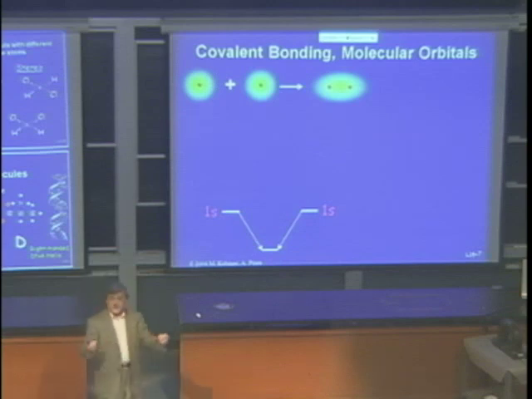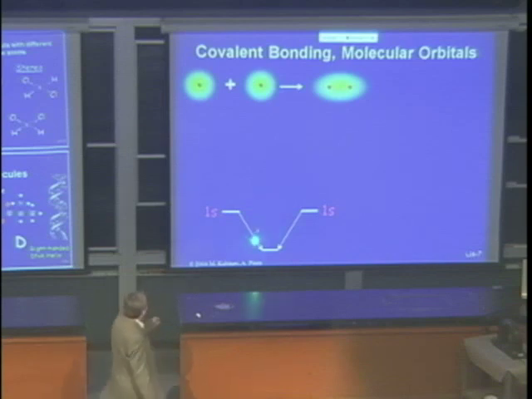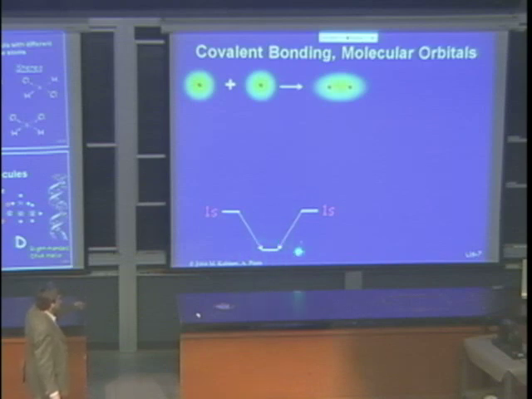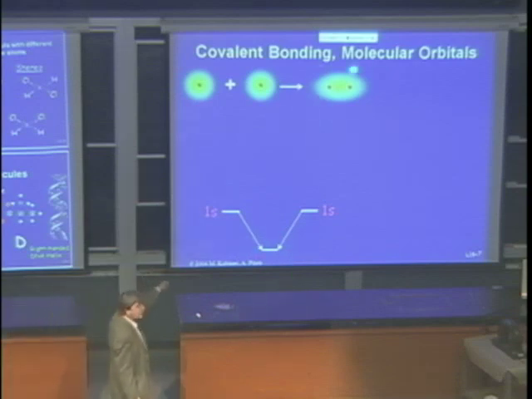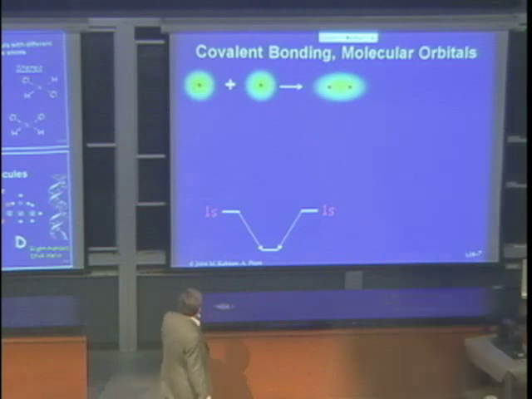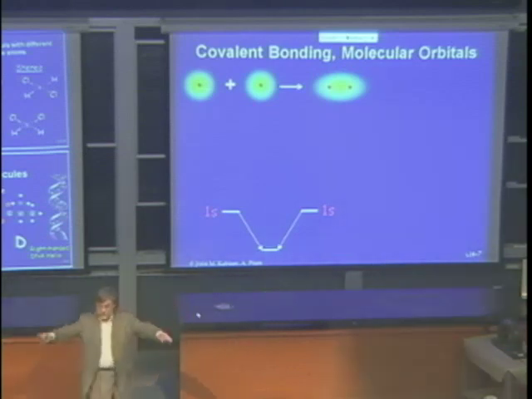Any formation of a bond will release energy, and you go into a lower electronic state, a lower energy state. You imagine this is your energy scale here, and so this is the lower state. This is our molecular orbital, and it looks something like this. So you gain energy by coming from these individual atomic orbital states.